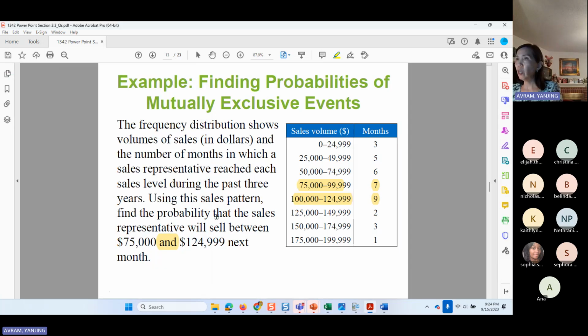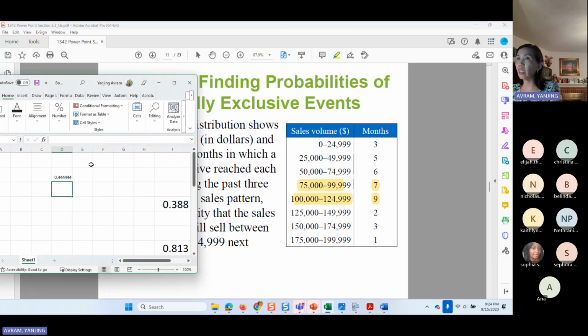It will be 0.444. Okay, so the probability using this pattern, because this is mutually exclusive, so that means 7 is 7, 9 is 9. This does not have anything overlapping. So I just add 7 and 9 together, which is 16. All right, so 16 divided by the total.